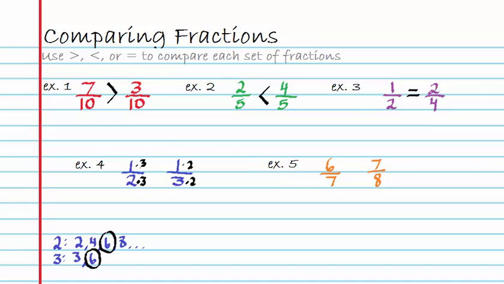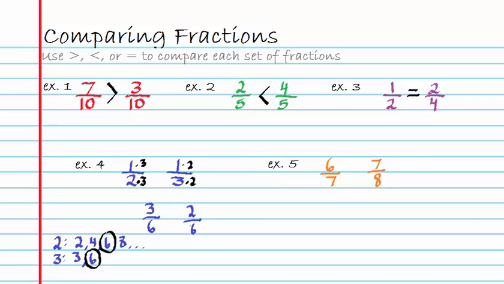So to finish this one out, I multiply this out. So my first fraction, 1 times 3, is 3. And 2 times 3 is 6. So when I rewrite my first fraction, it's 3 over 6. And then when I rewrite the second fraction, I have 1 times 2, which is 2, and 3 times 2, which is 6.